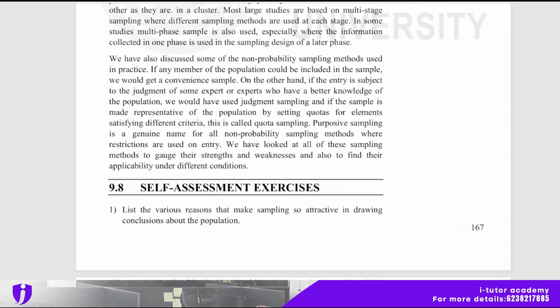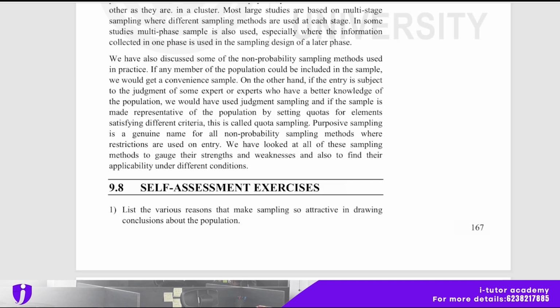And we have also discussed some of the non-probability sampling methods used in practice. If any member of the population could be included in the sample, we would get a convenience sample. On the other hand, if the entry is subject to the judgment of some expert or experts who have a better knowledge of the population, we would have used judgment sampling.